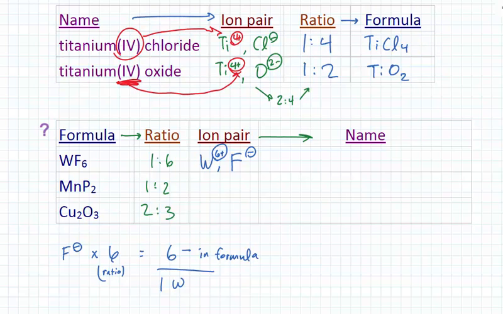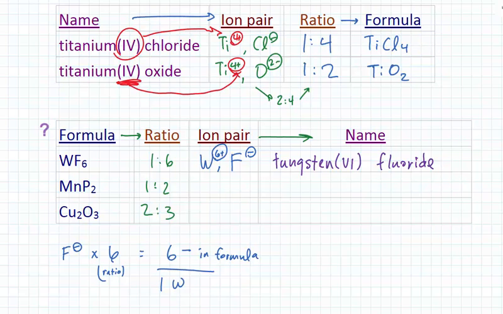So the name will come straight from that. It's going to be tungsten. And then because tungsten is not fixed charge, tungsten is variable charge, we have to write what its charge was. And 6 is VI. Tungsten VI fluoride.